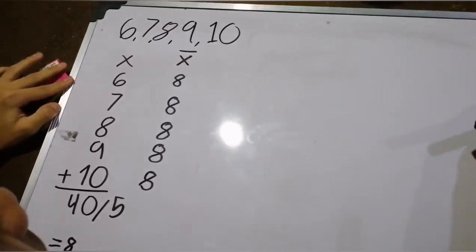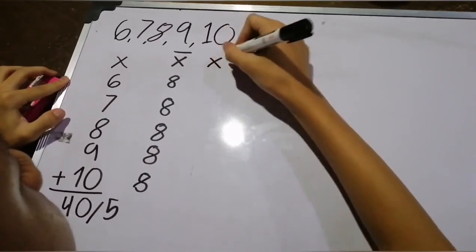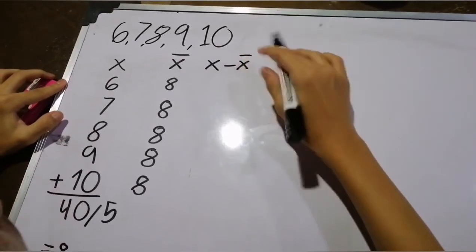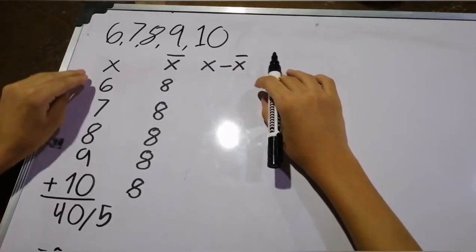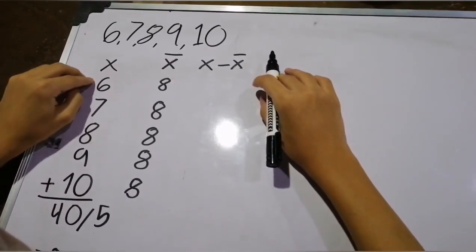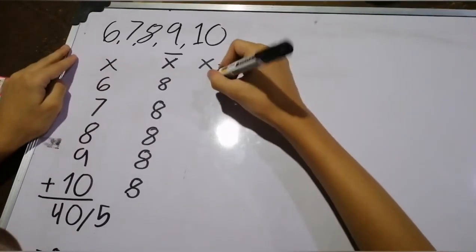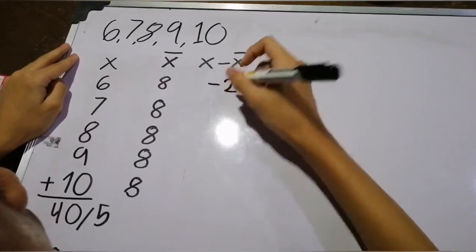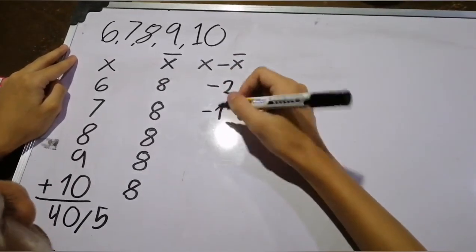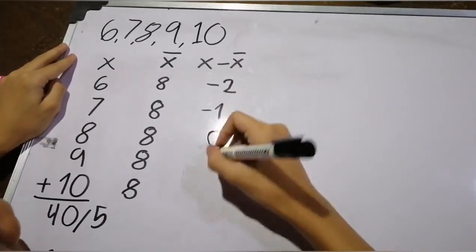Next, we will find x minus x bar, which is the difference of 6 and 8, 7 and 8, 8 and 8, and so on, which gives negative 2, negative 1, 0, 1, and 2.